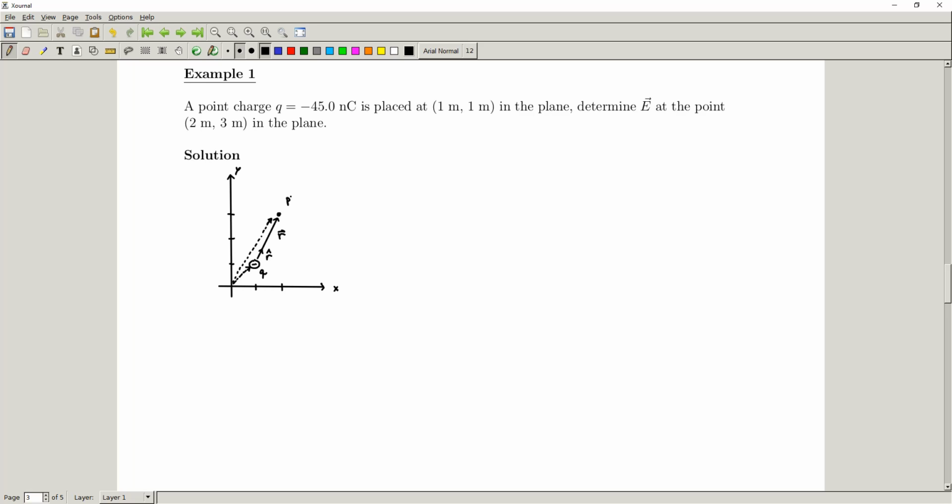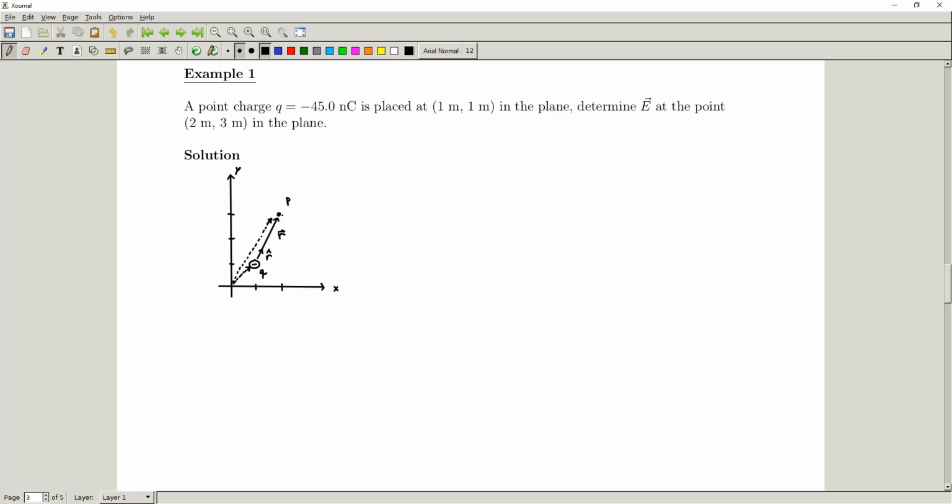So x equals 2 meters and y equals 3 meters. We can see from the diagram what's going on. I've drawn it maybe a little smaller than I should have, but we can work with it as is. We have our source point sitting at 1, 1, and the point we're interested in, P, up here at 2, 3.